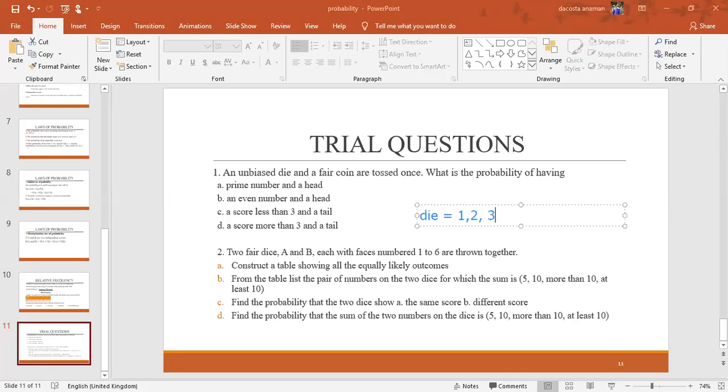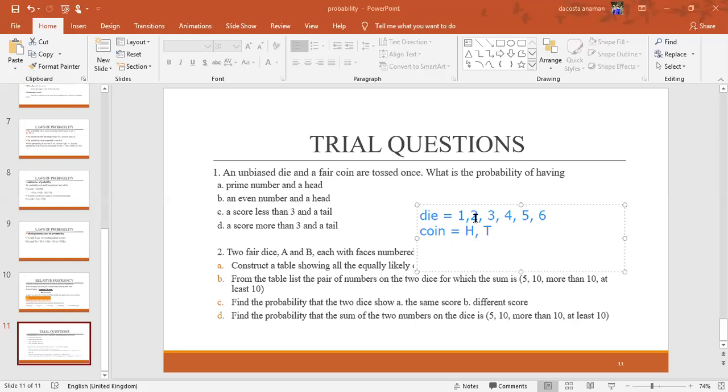Thank you very much. So for the unbiased die, that will be having 1, 2, 3, 4, 5, and 6. And the fair coin, you'll be having either a head or a tail.